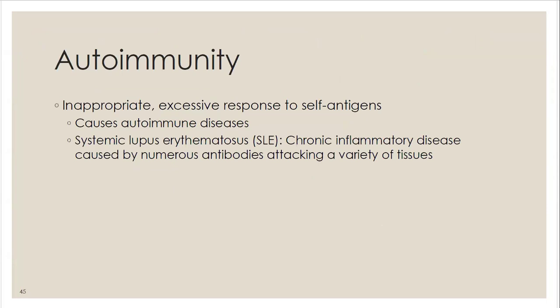This inappropriate response to self-antigens leads to various types of immune diseases. Autoimmunity occurs due to an excessive or inappropriate immune response directed against self-antigens, and it causes autoimmune diseases.